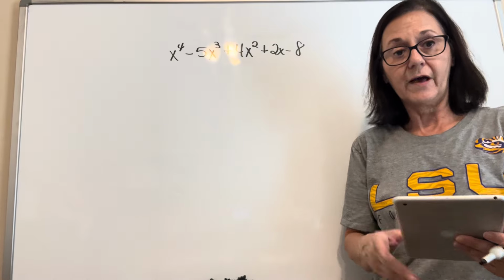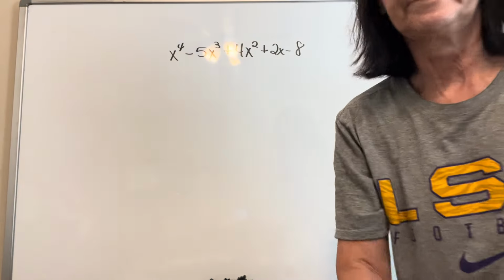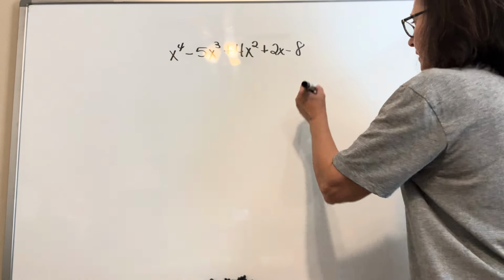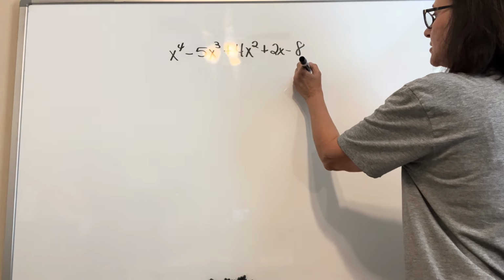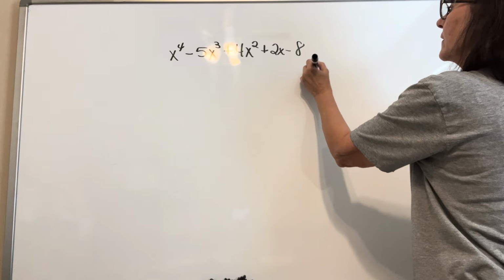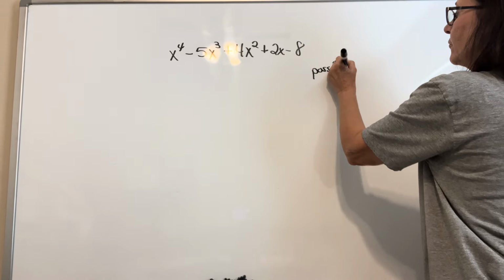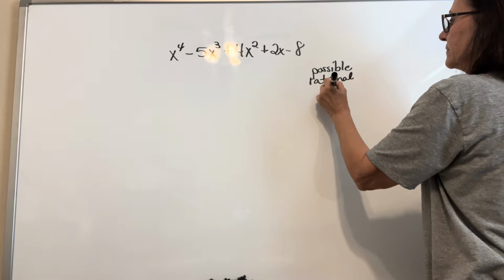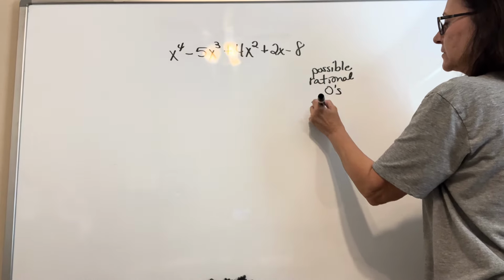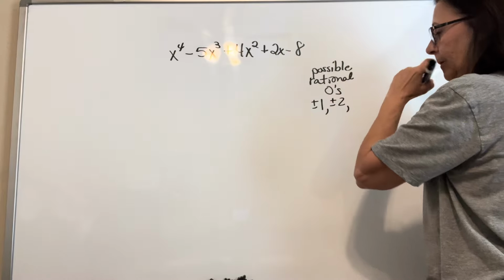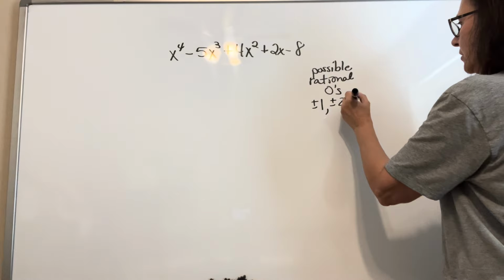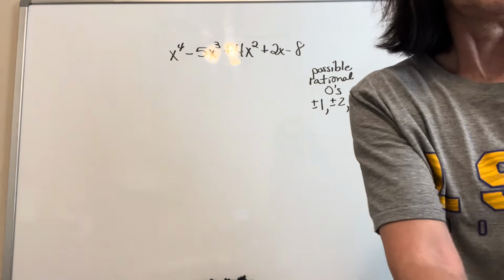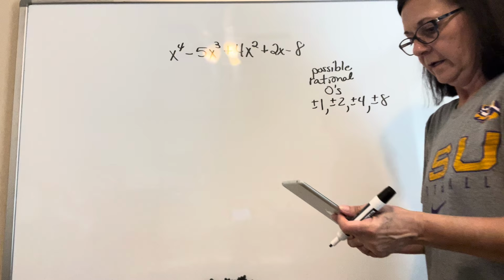All right, so we begin with our rational 0 test. Factors of 8 over factors of 1. So these are possible zeros. Possible rational zeros are plus and minus 1, plus and minus 2, plus and minus 4, plus and minus 8.